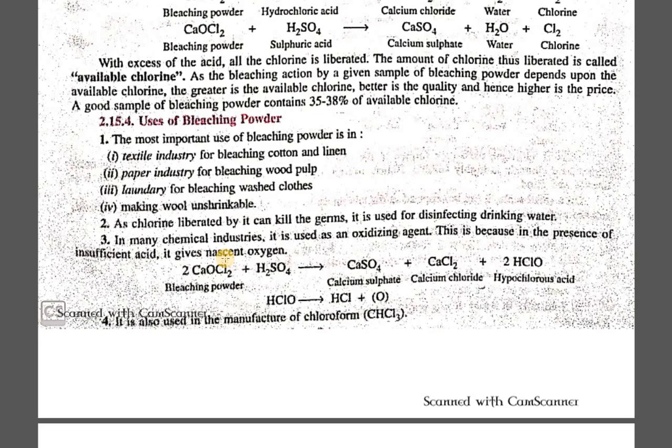It cannot remain in the atmosphere in its atomic or nascent form; it will always exist in the molecular oxygen form. You can see here bleaching powder reacting with sulfuric acid will form calcium sulfate, calcium chloride and hypochlorous acid, that is HClO. Now this HClO will again dissociate to form hydrochloric acid plus oxygen, which is called nascent oxygen. Another use of bleaching powder is in the manufacture of chloroform.